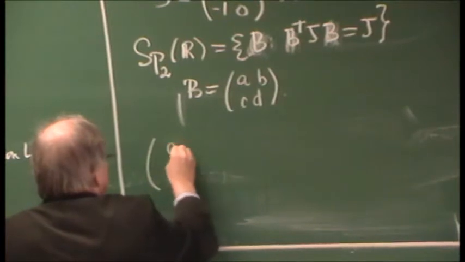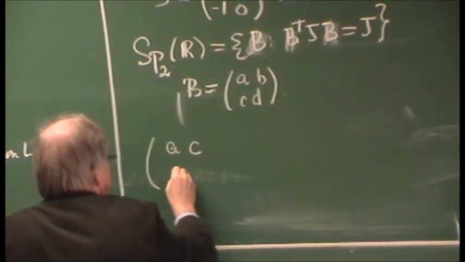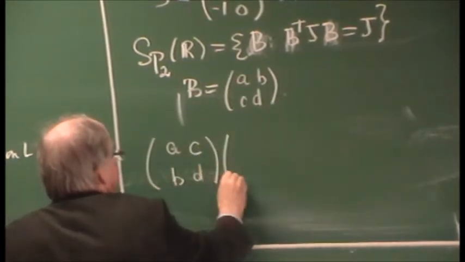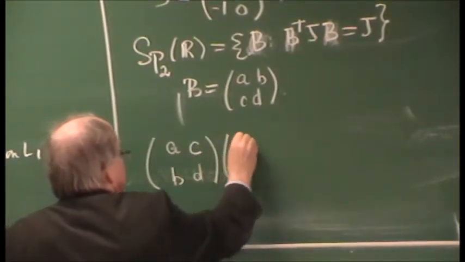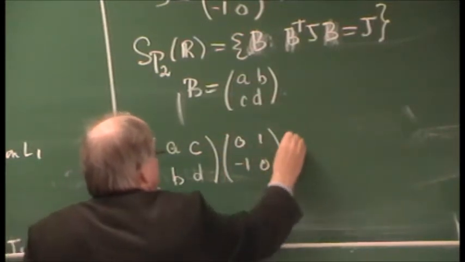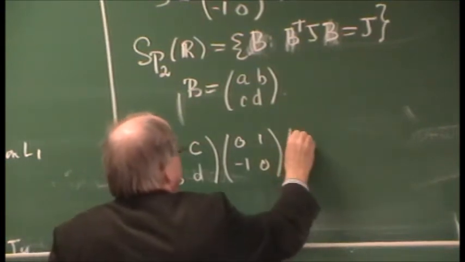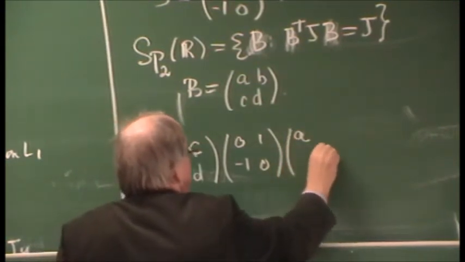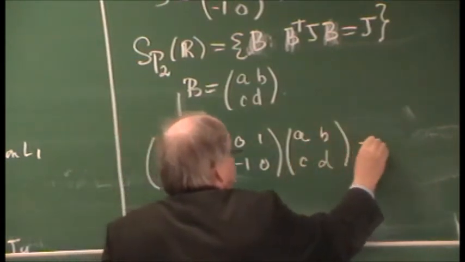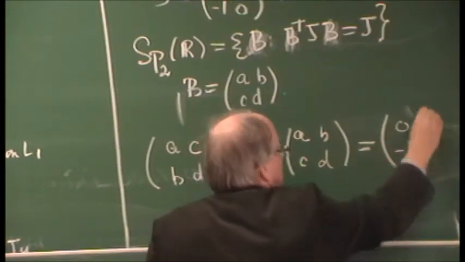So it's A, C, B, D. Now watch out, you guys are really much better than I am in calculations here. So J is 0, minus 1, 1, 0 times the same matrix now, A, B, C, D, is supposed to equal J, 0, 1, minus 1, 0.